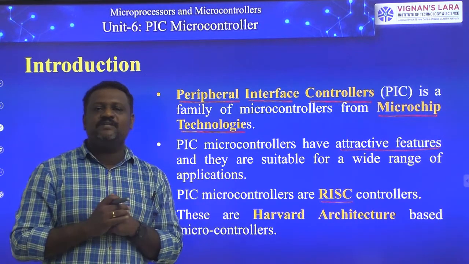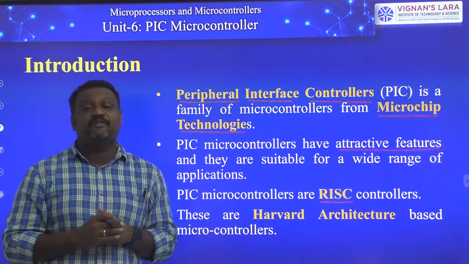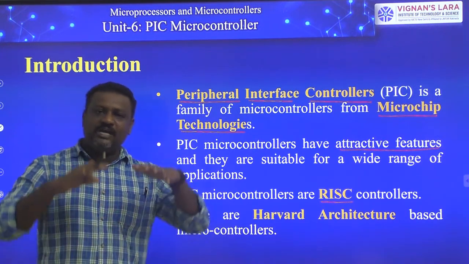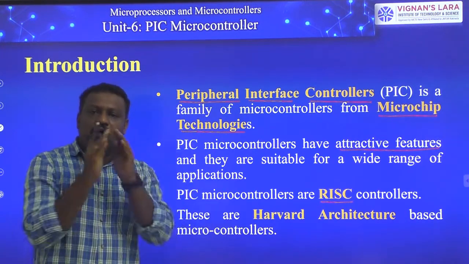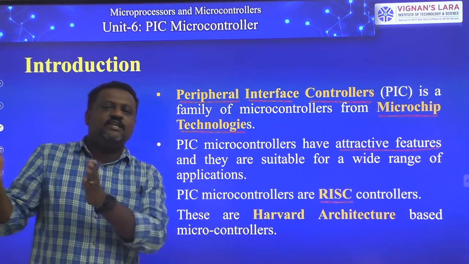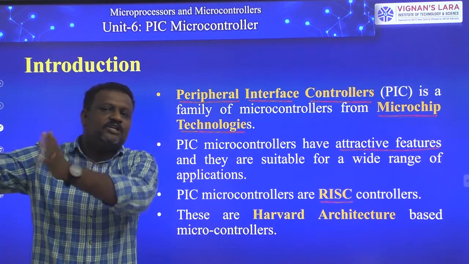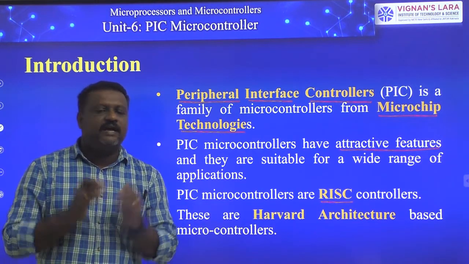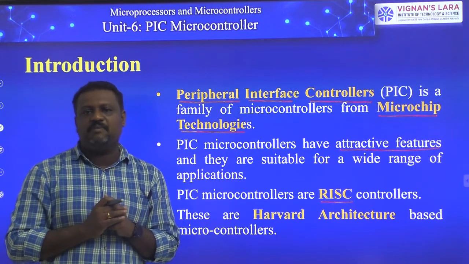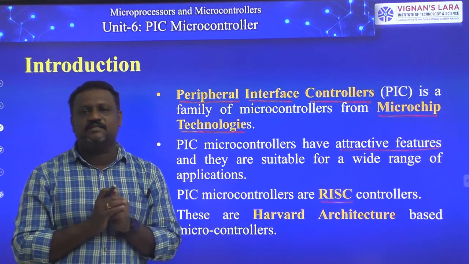And one more important thing: your controller has more registers available on the controller itself, on the processing unit itself. It only occasionally communicates with external memories. Since it does not communicate with external memories, it doesn't waste its time. Every time it depends on internal memory elements, so the speed of operation of the system also increases.